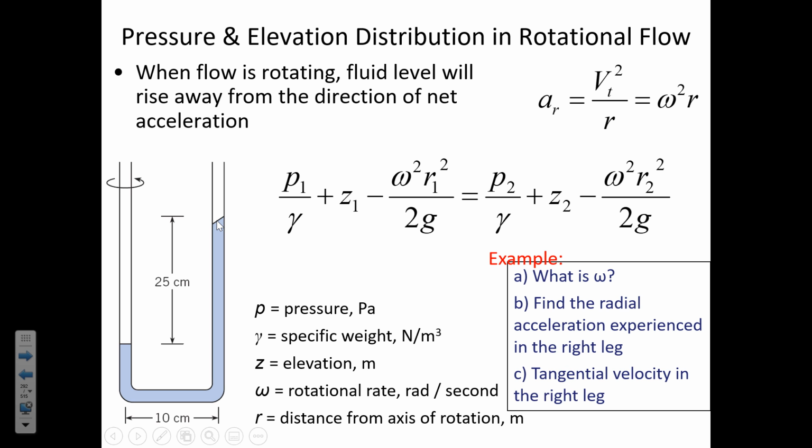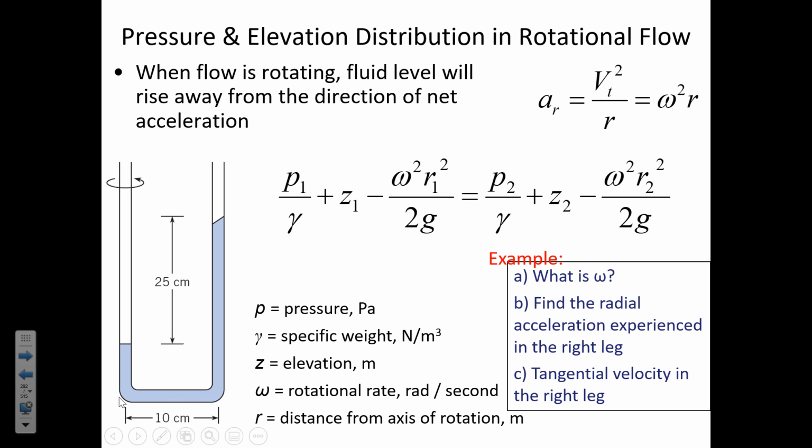And what about elevation? Well, let's say that Z1 is 0 and Z2 is 0.25 meters because it's 25 centimeters above the left side. Now, we could also measure our elevations using the bottom of the tube as the reference point.